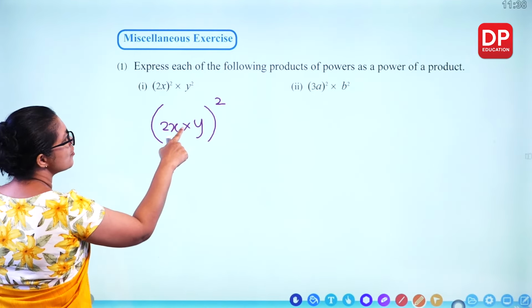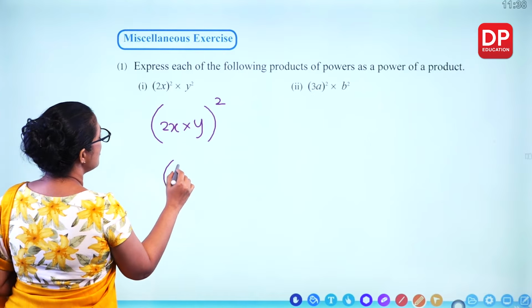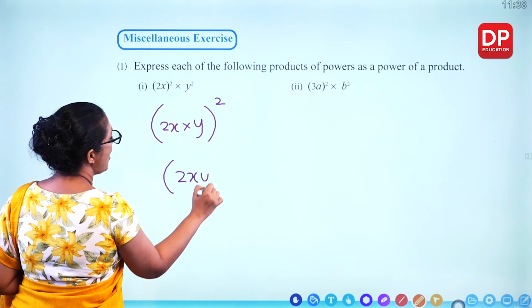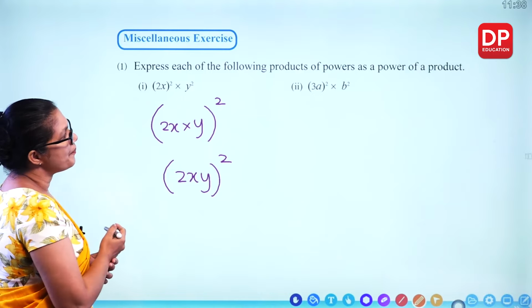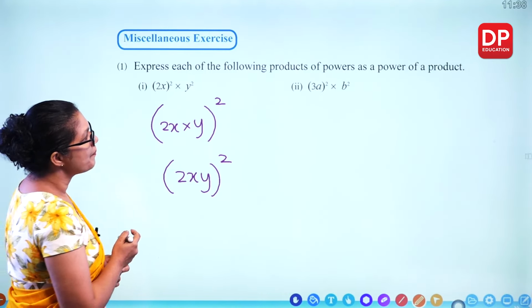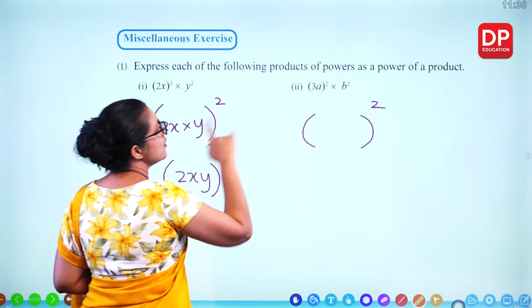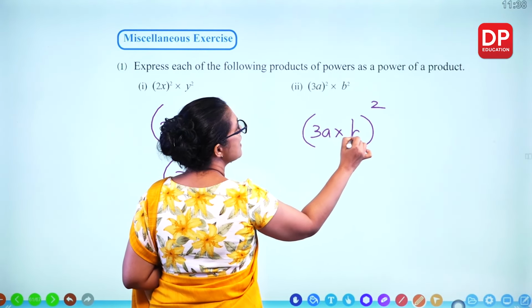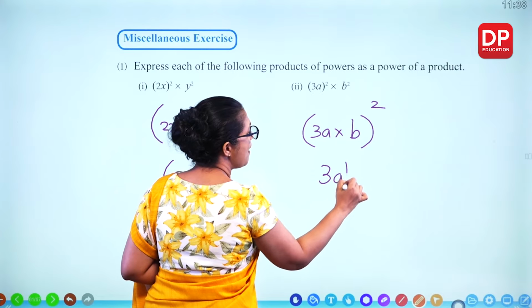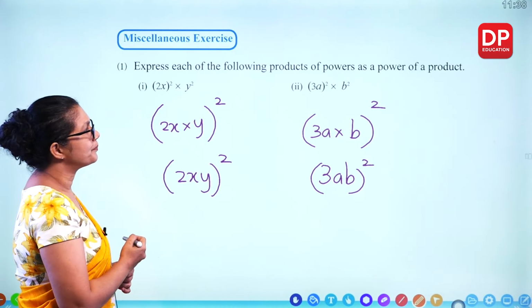So without writing multiplication, I can write (2xy) to the power 2 for this one. This one, power 2 is the outside value because it's the same power. 3a and b is there, so you can write (3ab) to the power 2.